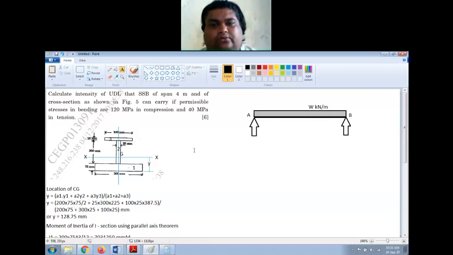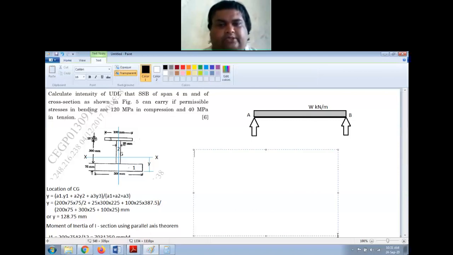So support reactions RA plus RB will be equal to W into this span, which is 4, so 4 times W. RA is equal to RB, and that is equal to 4W by 2, so it will be 2 times W kilonewton.